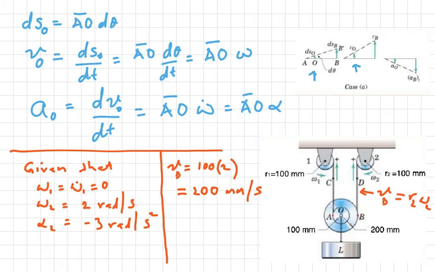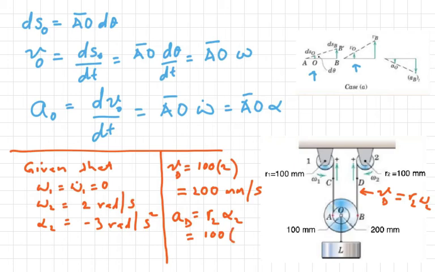And then this gives us the velocity in millimeters per second, 200. We can also find our acceleration. We know that it will be R2 alpha 2. So this gives us 100 multiplied by minus 3, which is the alpha.